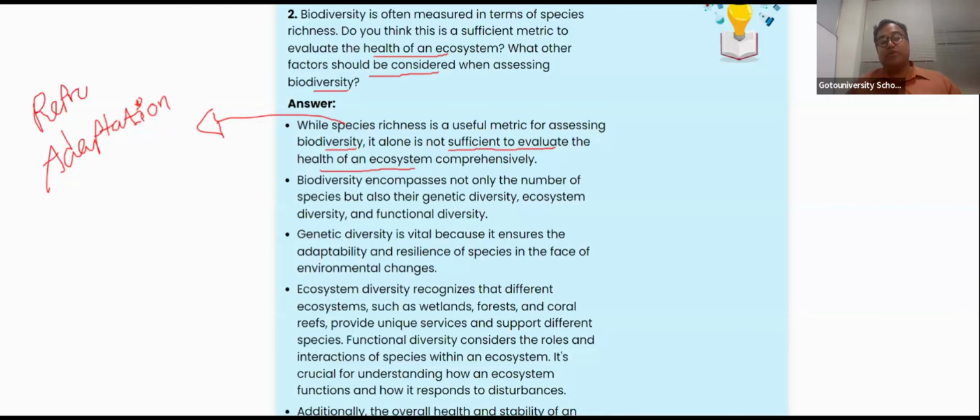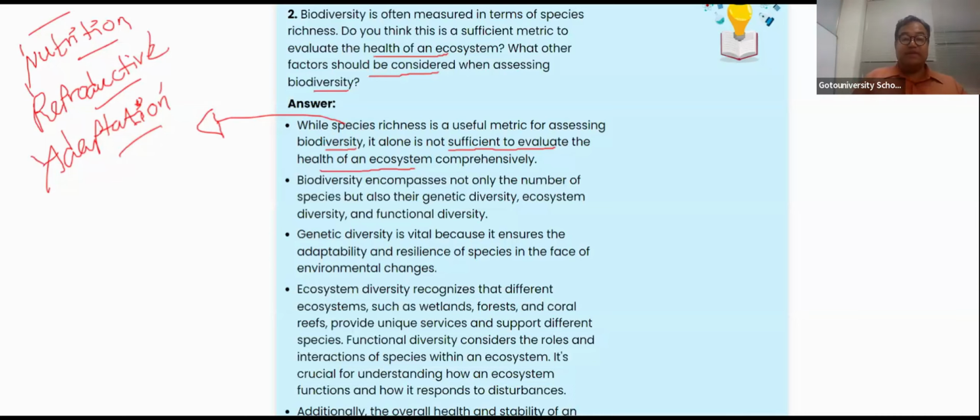If you have very good reproductive capacity, as well as very good nutrient utilization capacity, and adaptation is amazing, then the population size will go up. That is the reason for the species richness, the reason for the biodiversity. So one is nutrition, another is reproduction, another is adaptation, which we narrated for you in detail.